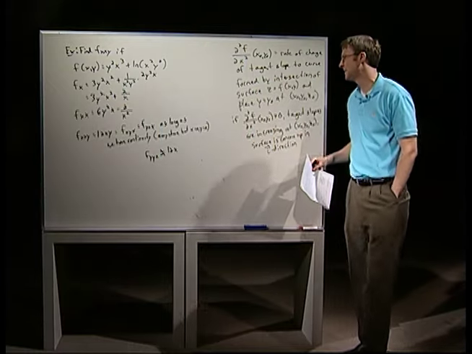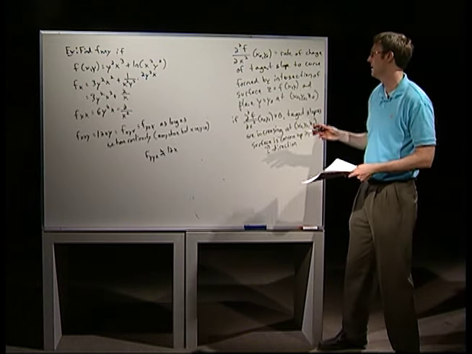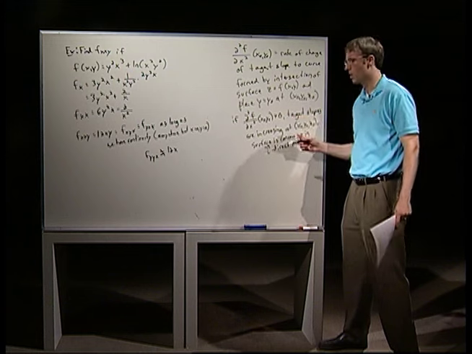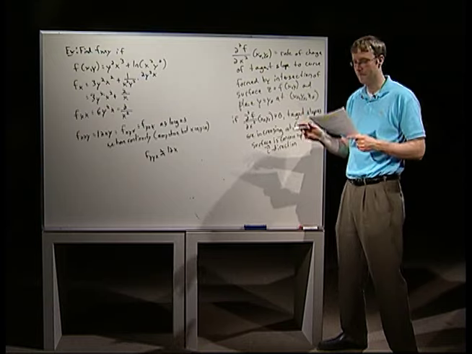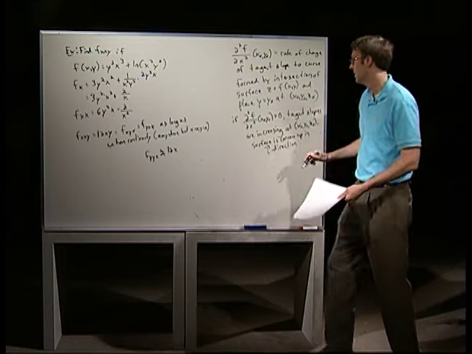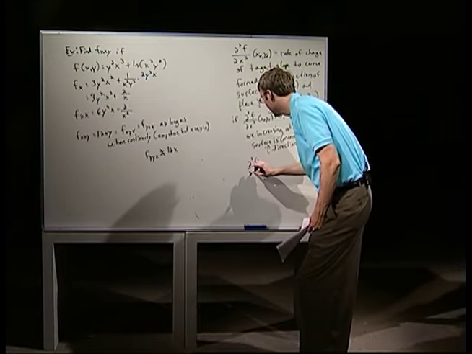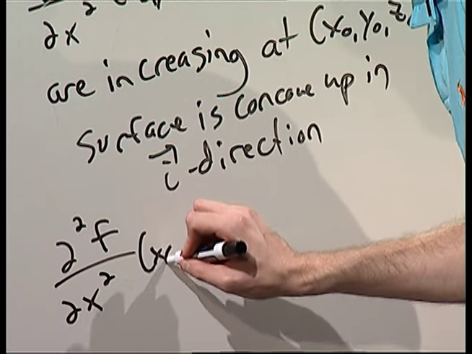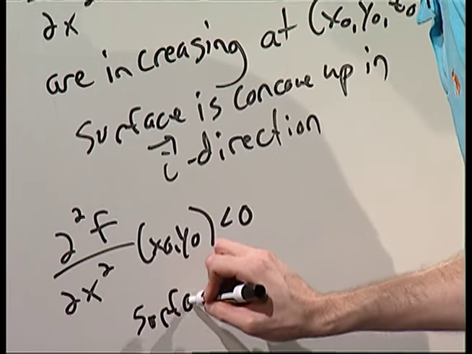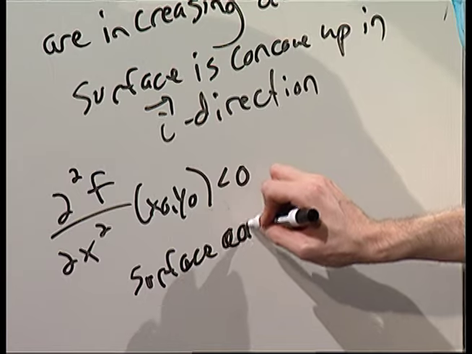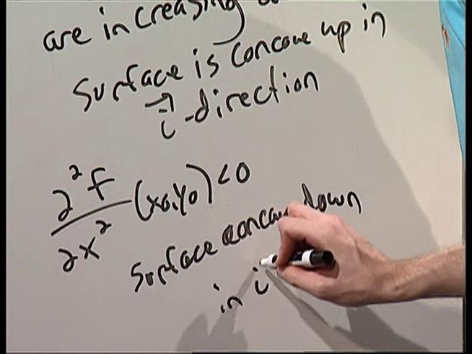And the same thing is true if I look at f sub yy. If I have that bigger than 0, the surface is concave up in the j direction. And if this is smaller than 0, then the surface is concave down in the i direction.